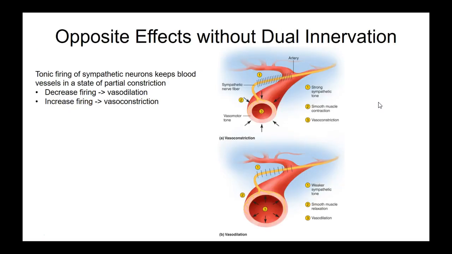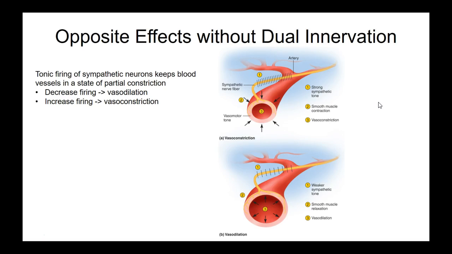Now, you can have different effects on an effector from just one of the systems. So it turns out some of the blood vessels are tonically having sympathetic tone to them. Means that the sympathetic has some firing rate. It releases some epinephrine, norepinephrine to keep those blood vessels somewhat constricted.